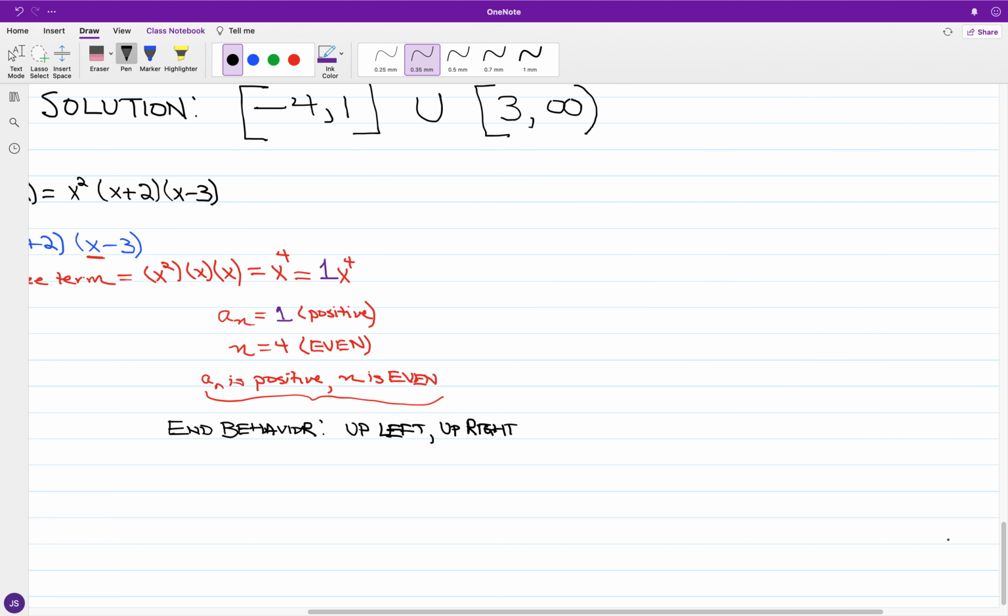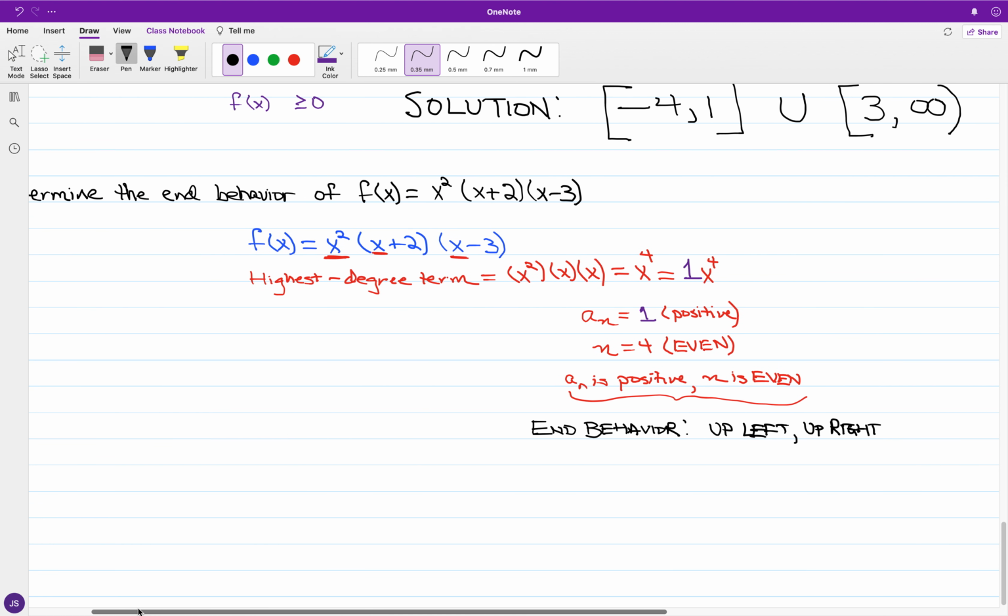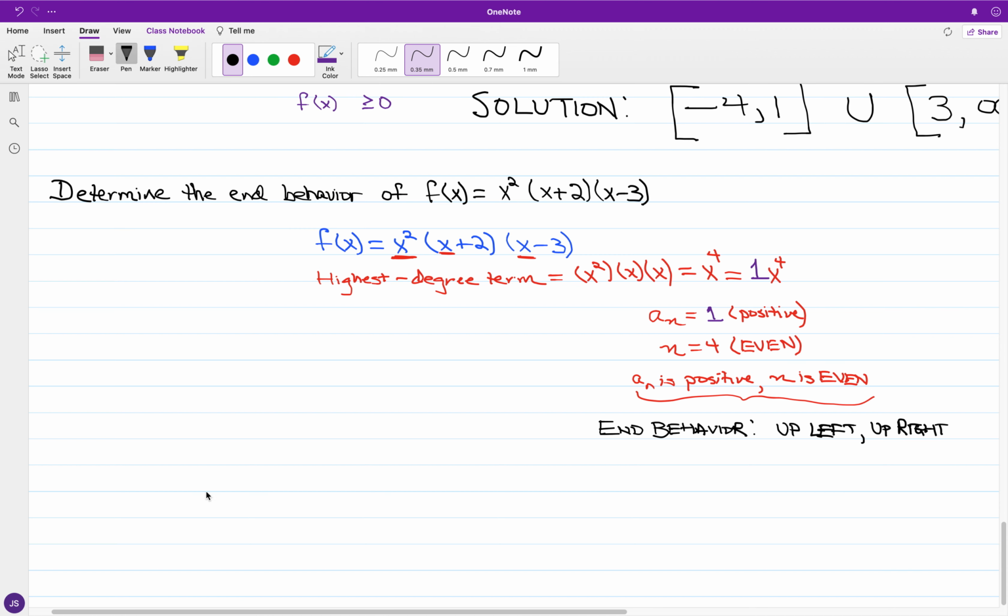Okay, so we got the end behavior. Now let's say that, just looking further into the details, here we're looking at determining the zeros and their multiplicities, and where the graph crosses and touches the x-axis.